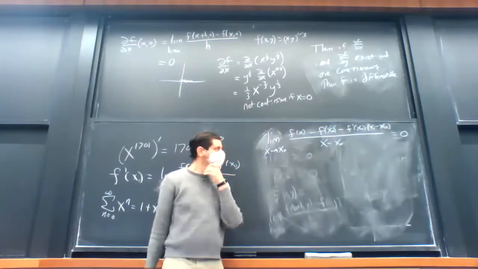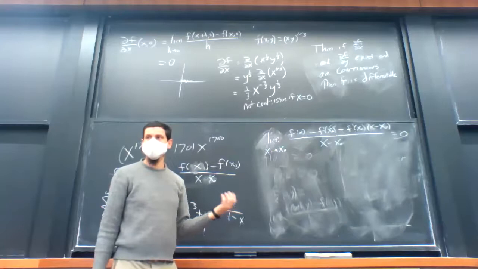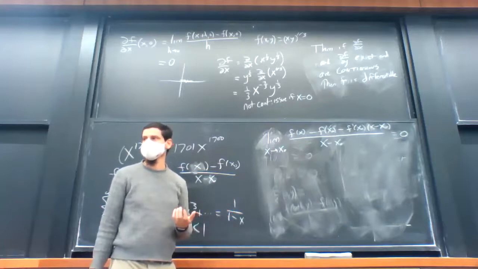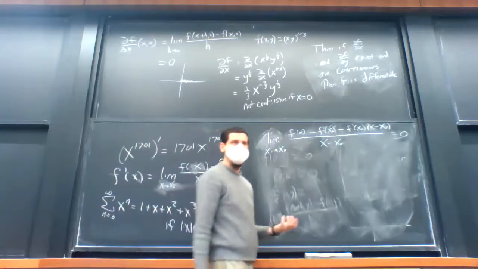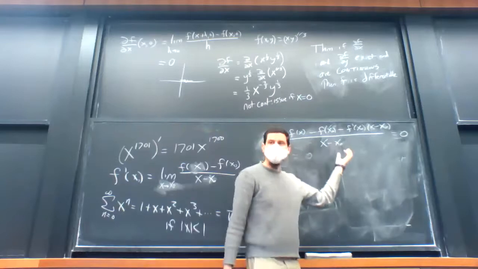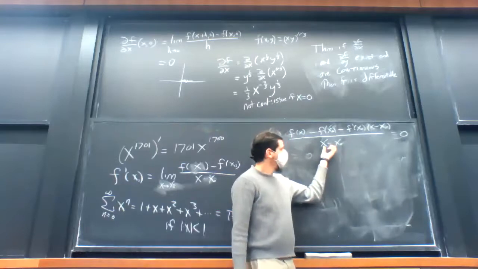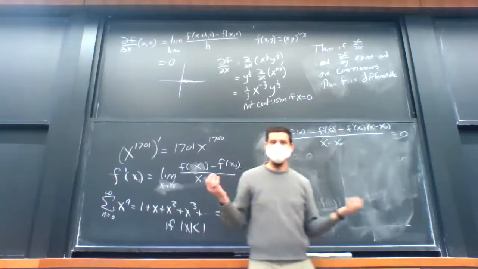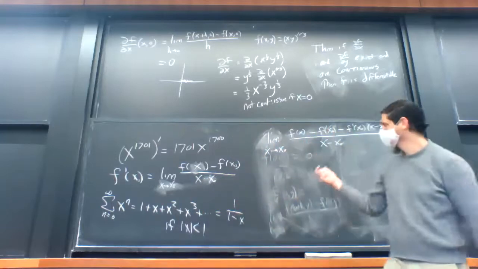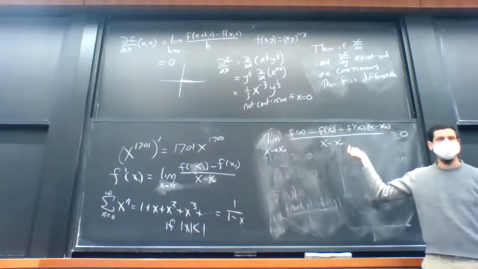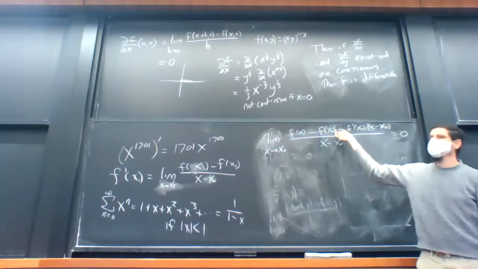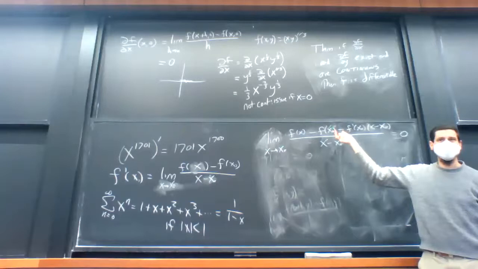So one idea is, why don't we just generalize this to a function of several variables? So imagine x is now a vector. What would x minus x naught be if x and x naught are vectors? What kind of quantity would that be? It would be a vector. But this is the value of a function. That's a real number.